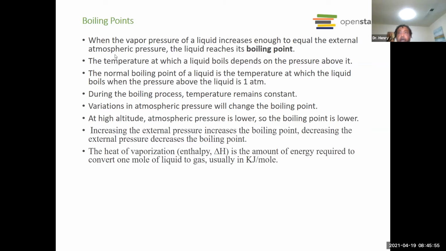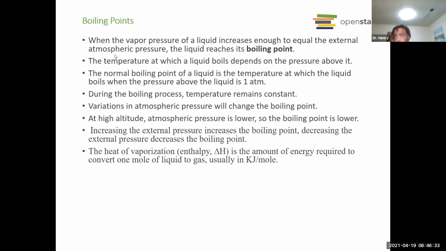And if we think about the vaporization component too, when the vapor pressure of a liquid increases enough to equal the external atmospheric pressure, that's basically when you reach your boiling point, okay?